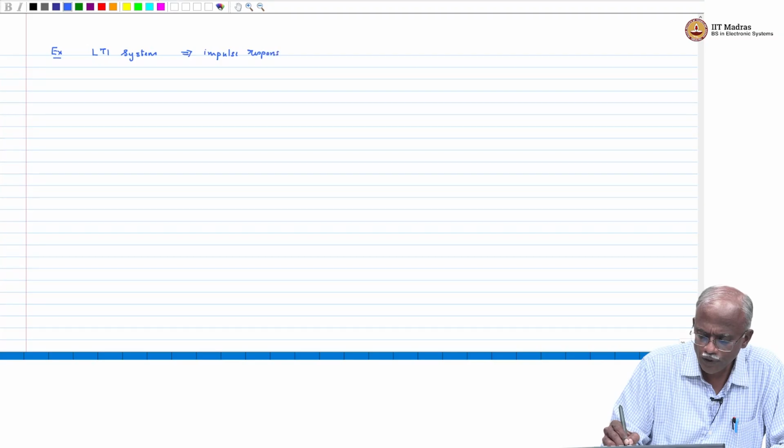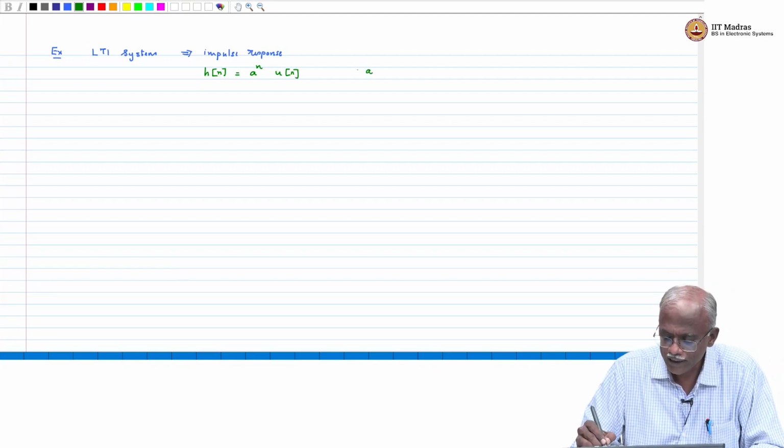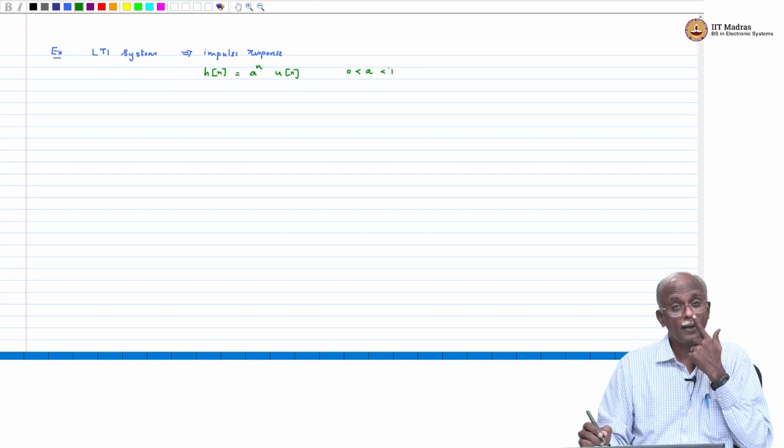The impulse response has been calculated as h of n, and it is given to us to be equal to a power n u of n, where a is a positive constant which is greater than 0, less than 1.